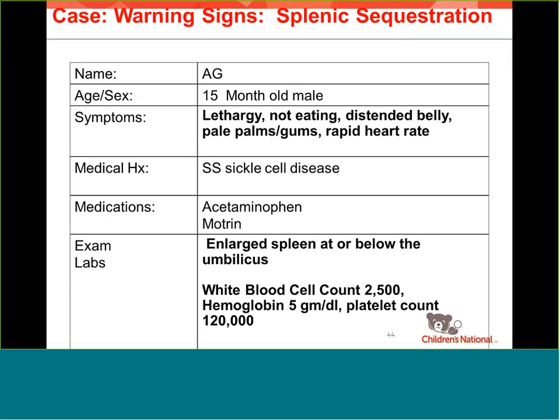You generally see it in SS patients, but you also think of it in SC. And on exam, you find an enlarged spleen, usually at or below the umbilical line on the left side. You see low white count, low hemoglobin, and low platelets. Anytime you see a low platelet sickle cell patient, if they're not on hydroxyurea and they're under the age of 5, you think about splenic sequestration in those cases.